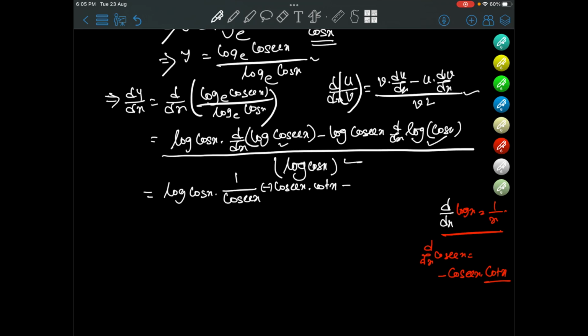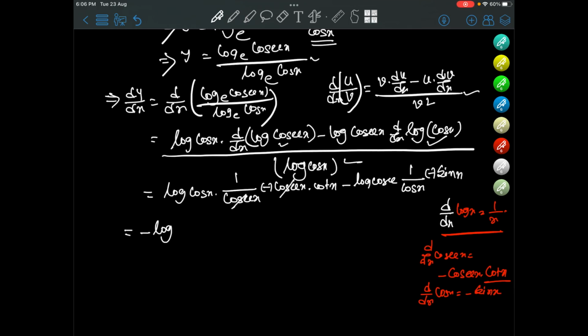Now the second function is log of cos x, so 1 by cos x. What is the derivative of cos x? The derivative of cos x equals minus of sin x. So minus of sin x. Now cosec x and cosec x will cancel out, numerator and denominator.